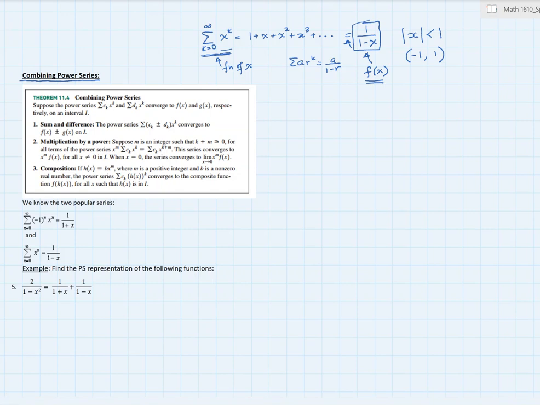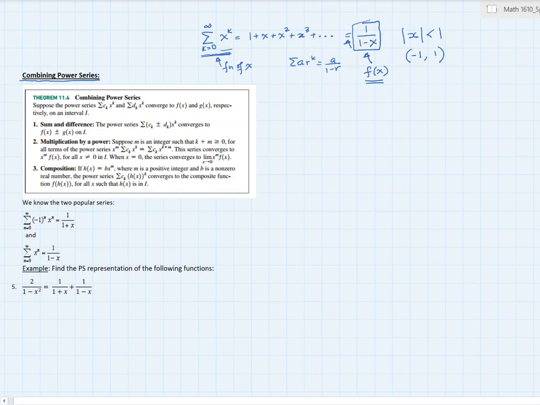We cannot find to what function it converges. But in some series, for example this simple one, we can find this function. So in other words, any power series that converges converges to a function of x. It's just that we don't know what that function is.